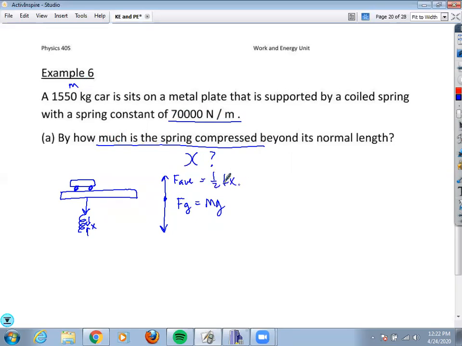So we can use this relationship. How much is the spring compressed beyond its normal length? So that once it gets compressed, F net is 0. So the average force of the spring would equal Fg. So 1/2 kx would equal mg. And now we've got the ability to solve for x.